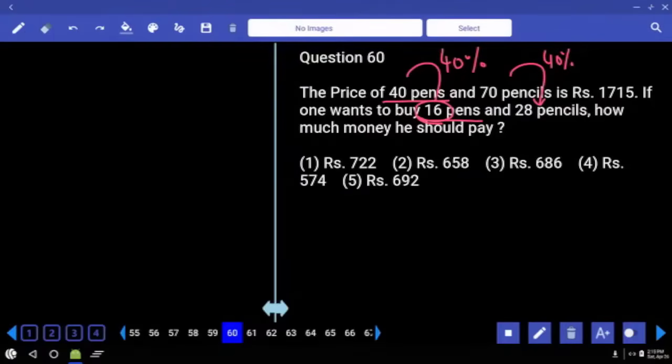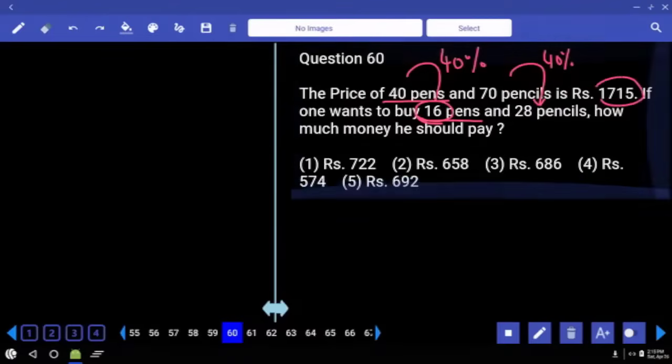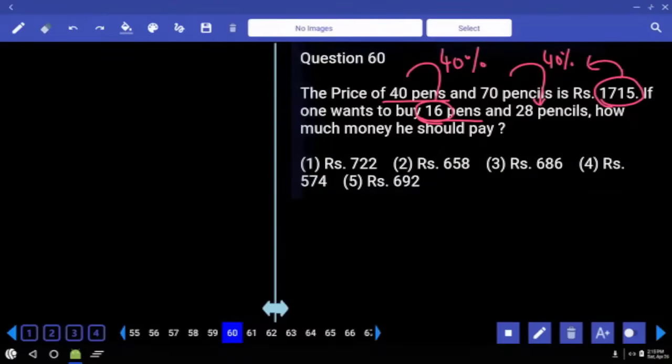Because we need 40% pens, 40% pencils, the answer is also going to be 40% of it. 10% double. Are you okay? What is 10%? 171.5. One digit before the decimal, one digit after the decimal. Consider only that. How much is that?